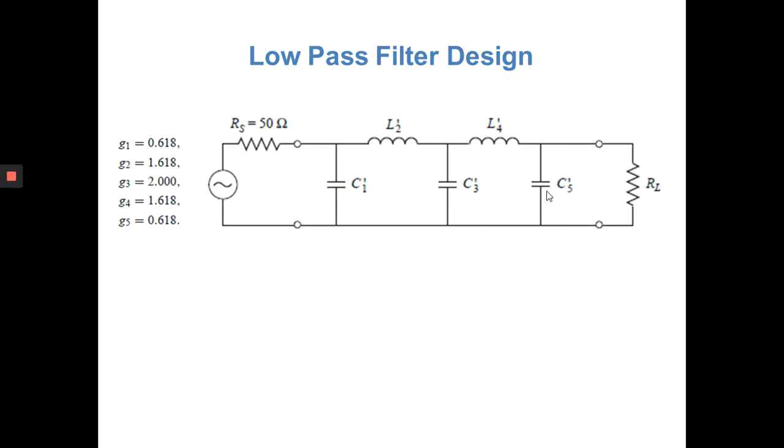So let's go to the Richards transformation, where the Richards transformation actually transforms each individual circuit element to different transmission line combinations. After the Richards transformation, among the transmission lines, we will rearrange by using the Kuroda identities. So let's go to the next slide.